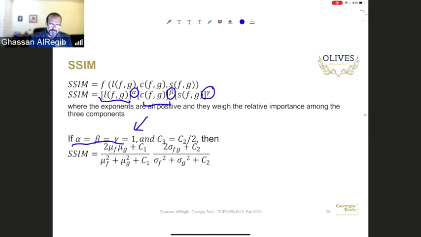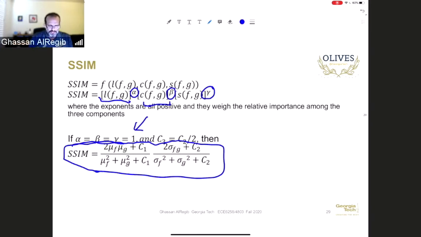And we have an expression for constant 3, and this becomes the SSIM. So this is really the SSIM expression that we will be dealing with. And remember, because of the contrast and the structure, you have sigma F times sigma G in the numerator of the contrast, so those will cancel out with the structure one.